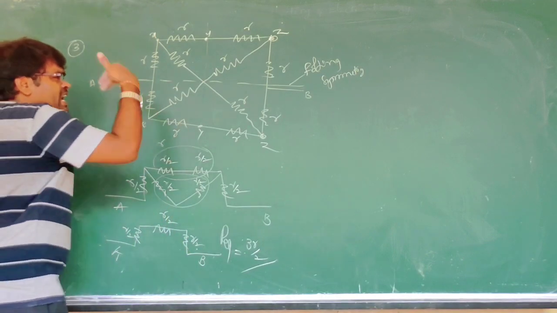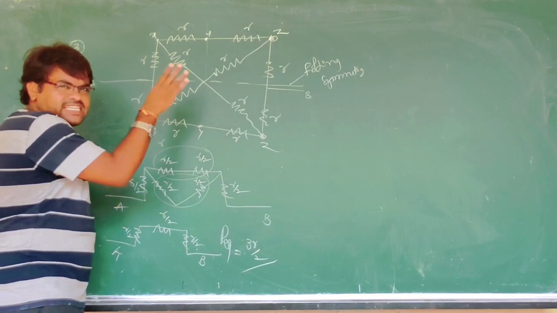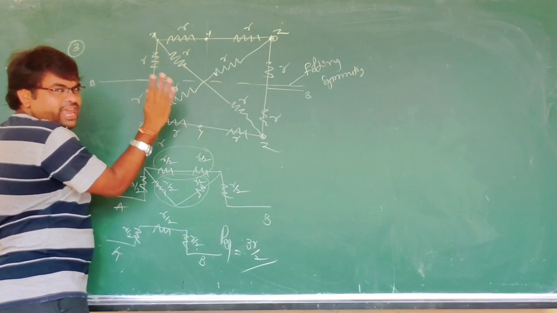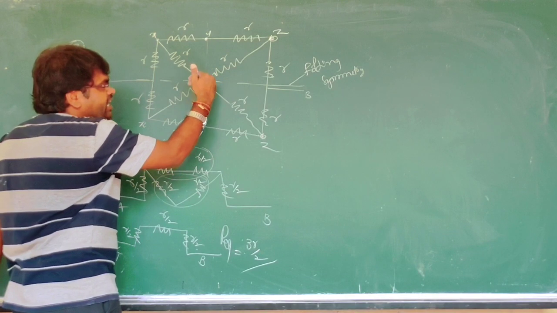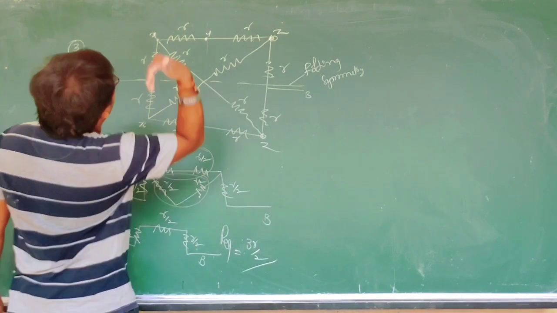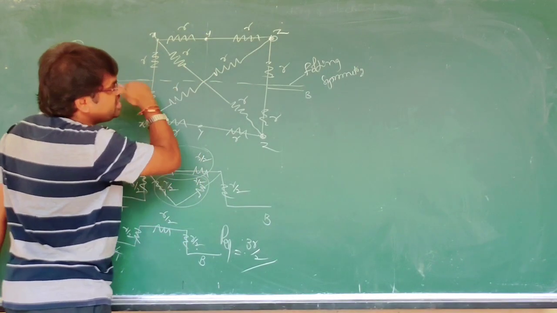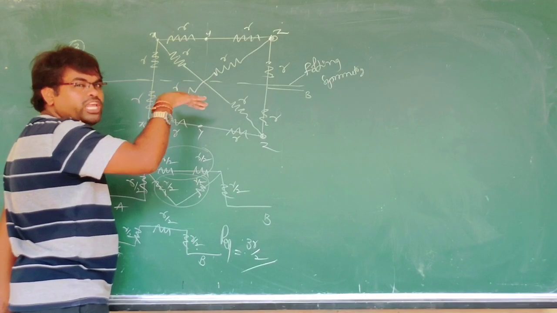See, simply folding symmetry: down and up, both same resistors. Like a mirror, we are seeing up and down. Both are same, and at that time we apply folding symmetry.